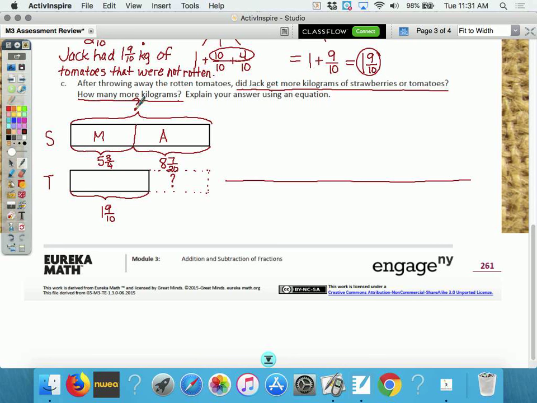So when I have a question mark on the top, what does that mean I do, Emiliano? Add or subtract? Add. So 5 3/4 plus 8 7/20. Five plus 8? 13.